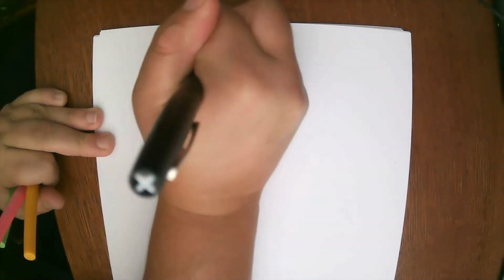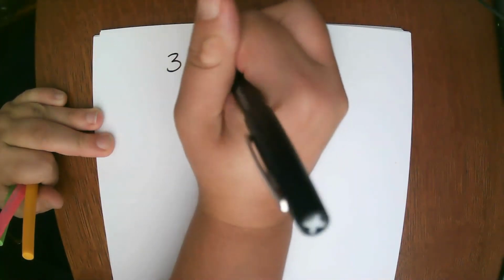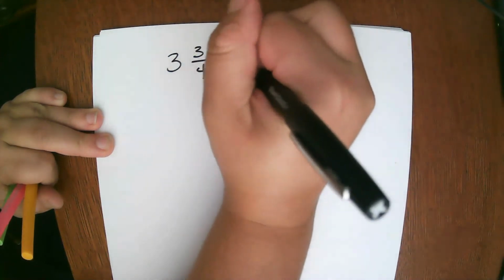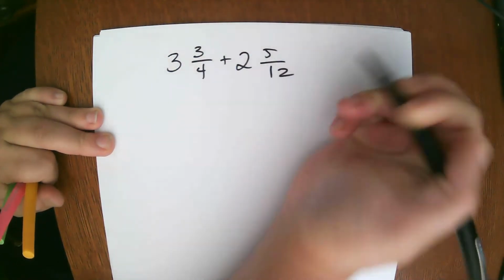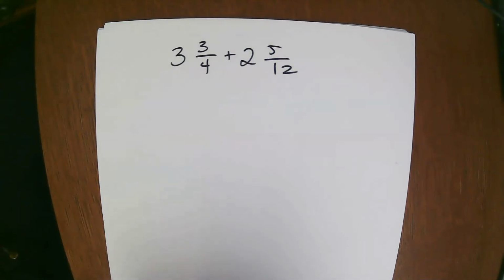So let's look at mixed numbers now. Well, what do we do with mixed numbers? So we have 3 3/4 plus 2 5/12.